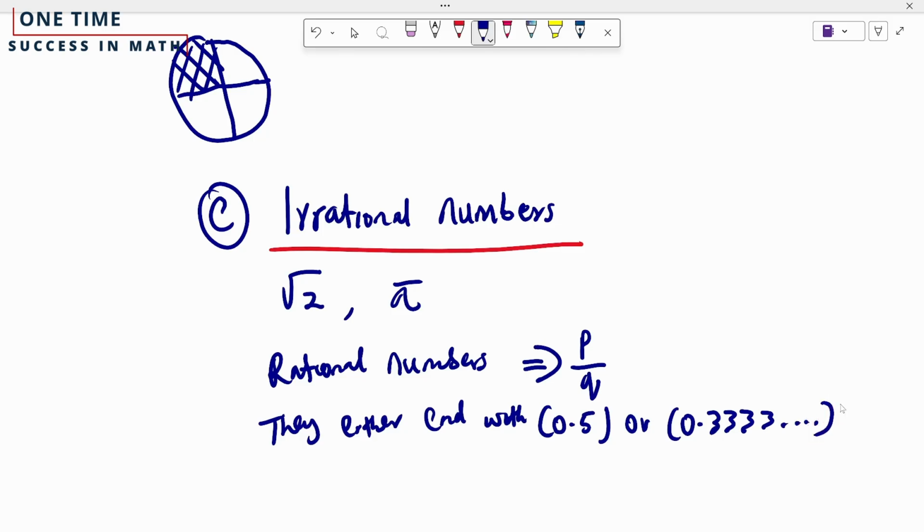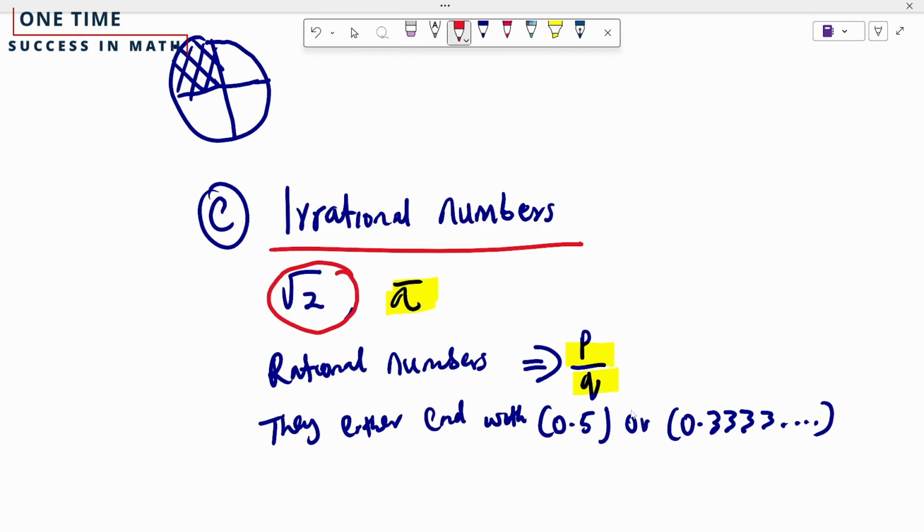So that's what we know about rational numbers first. How do we handle numbers like root 2? How do we handle numbers like pi? Because they seem to defy these categories of ending decimals like 0.5 or repeated decimals that go on to infinity. So an irrational number is a real number that cannot be expressed as a simple fraction p over q, where p and q are integers and q is not equal to 0.